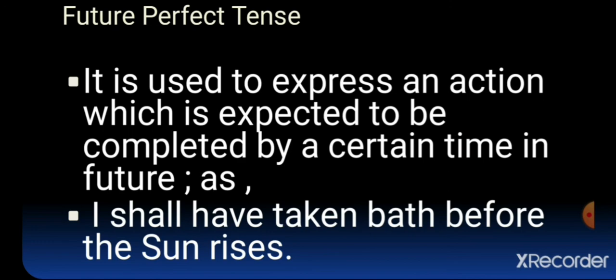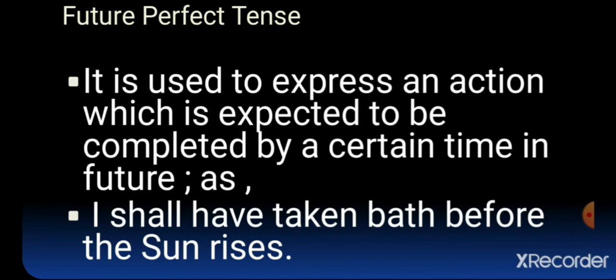It is used to express an action which is expected to be completed by a certain time in future. For example, I shall have taken bath. I shall have taken bath before the sun rises. Before the sun rises, I shall have taken bath.